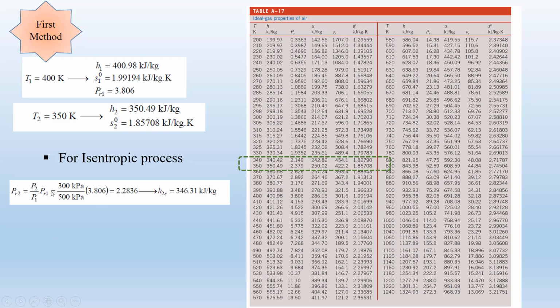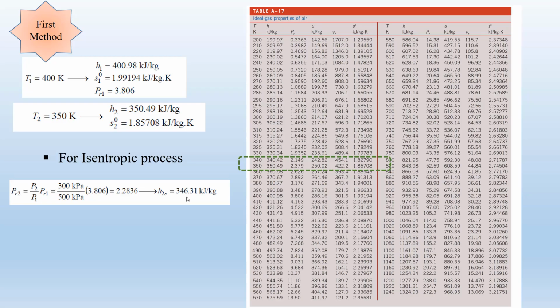The PR2 is 2.28. So it's between 340 Kelvin and 350, and also between these two enthalpies. By using interpolation, the H2S will be 346.33 kilojoules per kilogram.